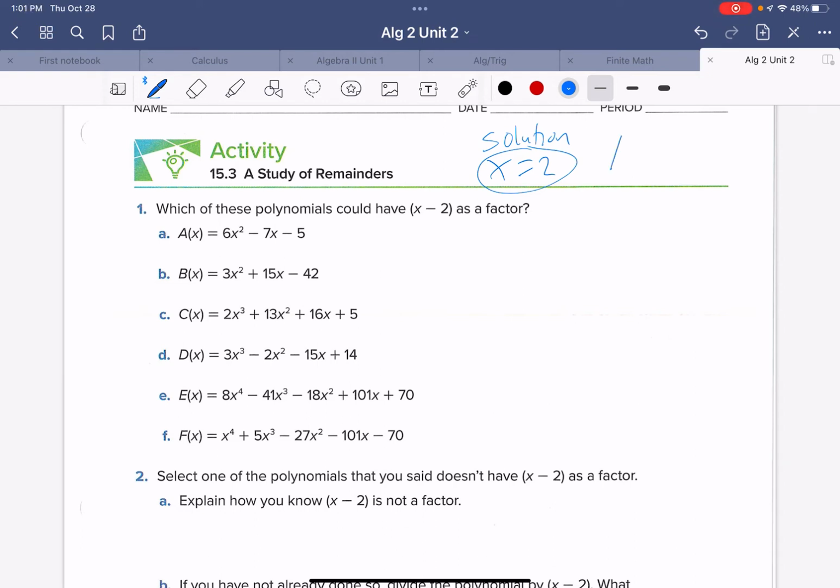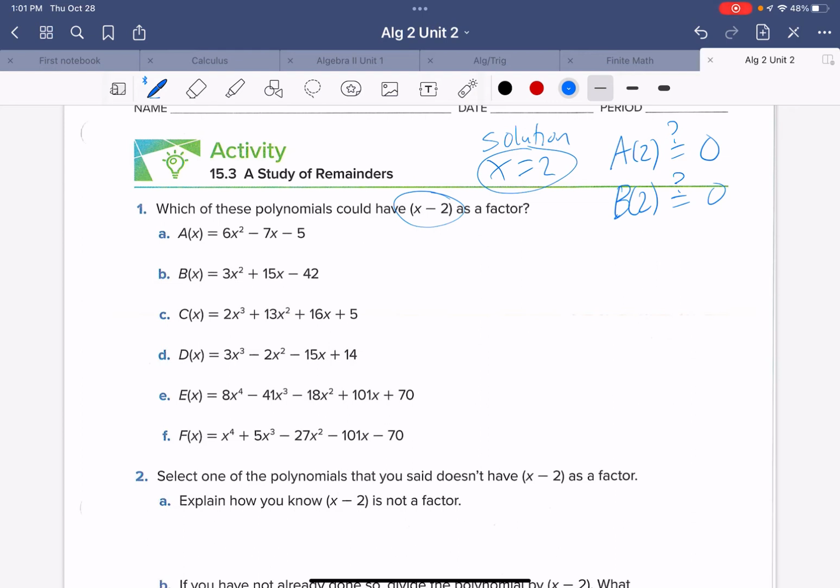So I should do a of 2 and see if it's equal to 0. If it is, that means that this is a factor. Then I do b of 2, and see if it equals 0. If it doesn't equal 0, it's not a factor. So that's the deal with this.